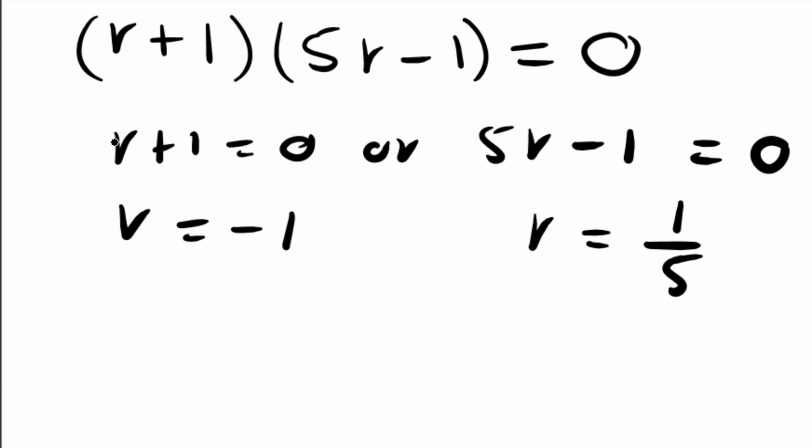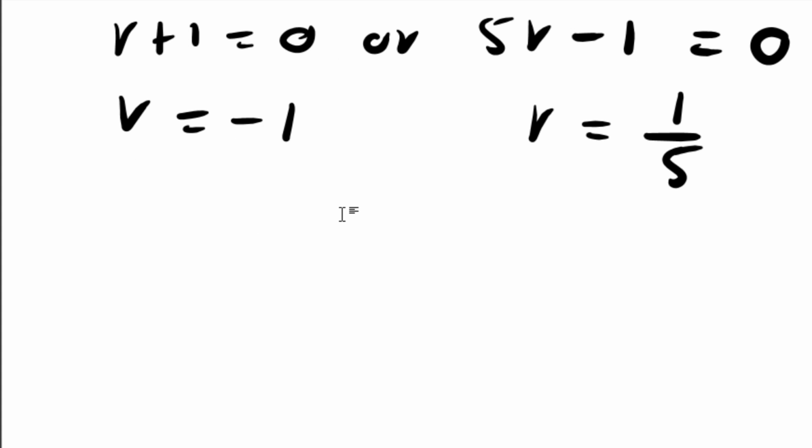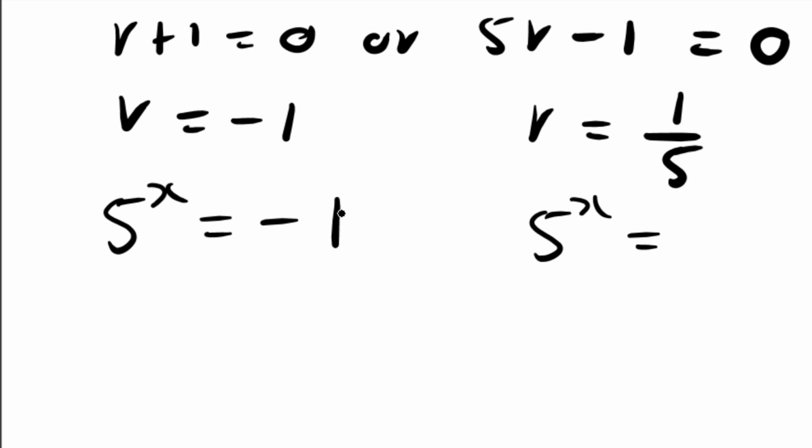But remember, we're not solving for r, we were solving for x. So 5 to the power of x will be equal to minus 1, and on this side 5 to the power of x will be equal to 1 over 5.